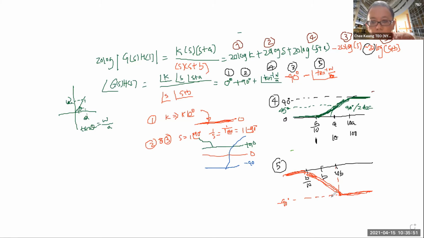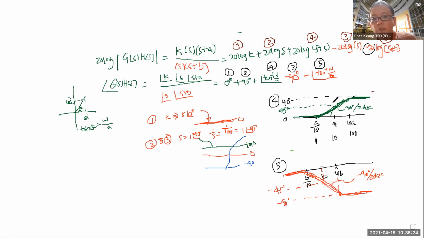So just now that one, this one right now here is minus 90 degrees per 2 decades. Just now that one is plus 90 degrees per 2 decades. This is minus 90 degrees per 2 decades. And similarly, for the case of the pole, at the root it will be at minus 45 degrees.